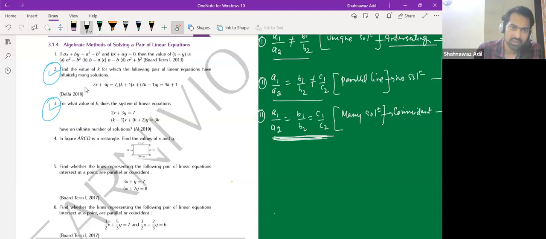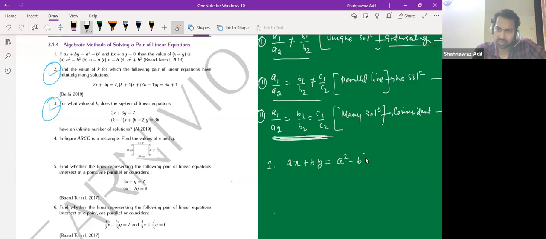So this is the first question. If ax plus by equals a squared minus b squared, and bx plus ay equals 0, then what is the value of x plus y?